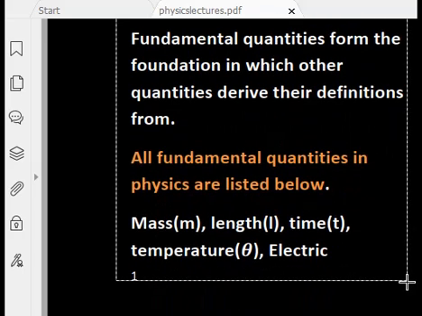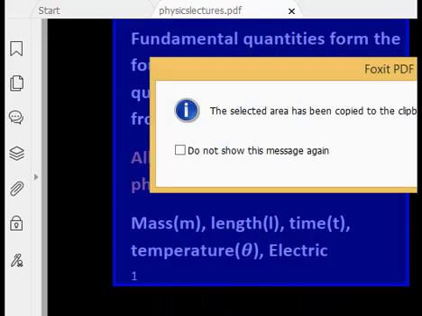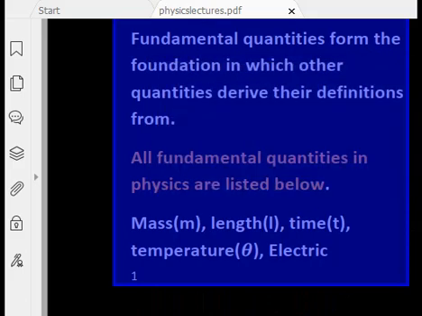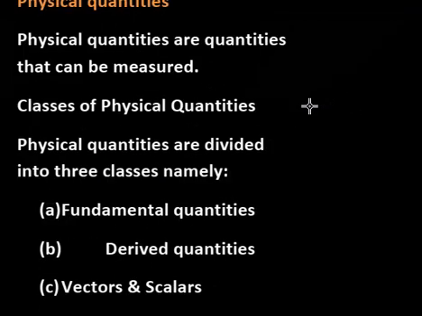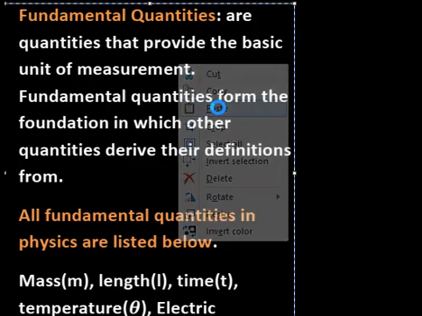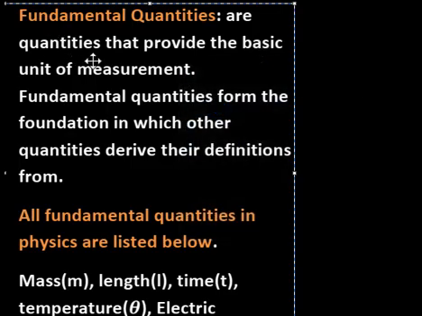So now we have these two, and we're going to start with the fundamental quantities. So what are fundamental quantities? As the name implies, fundamental quantities are quantities that provide the basic unit of measurement. Fundamental quantities form the foundation from which other quantities derive their definition.